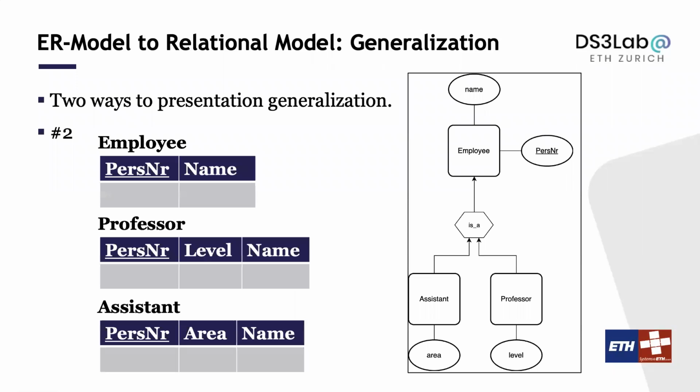Another way to model this is to have relations that look like this. You have a professor table containing all the attributes, both those unique to a professor, like level, and those that you inherit from employee. You put name here also. For assistant, it's the same: you have personnel number, area, and name. And then there could be employees who are neither an assistant nor a professor, so you have an employee entity who is not an assistant nor a professor, and you put those in the employee table.